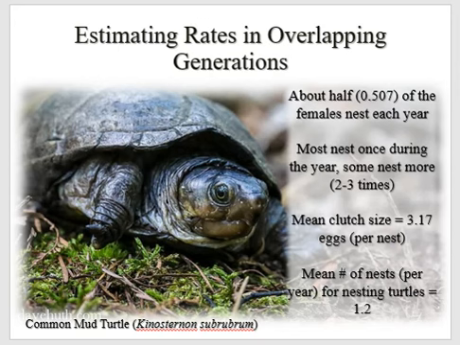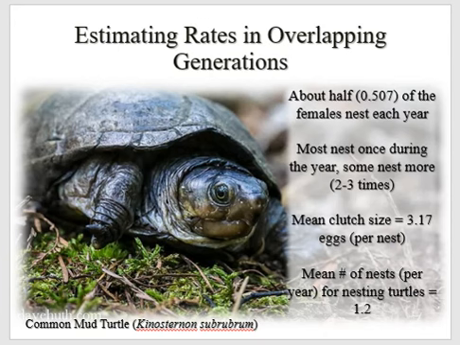Clutch sizes range from 3 to 4 eggs. Clutch size, the number of eggs produced by a nesting female, is on average 3.17.